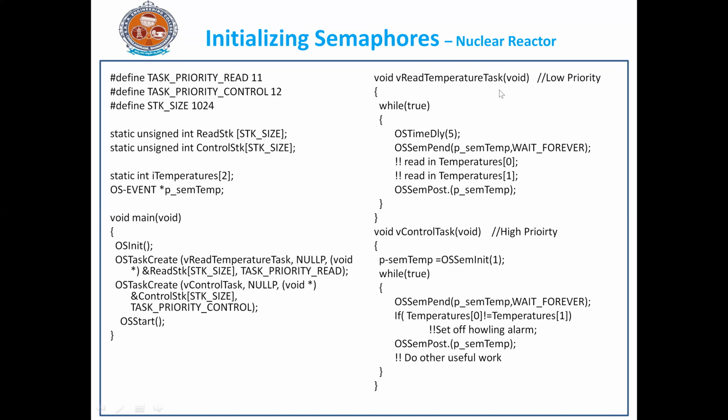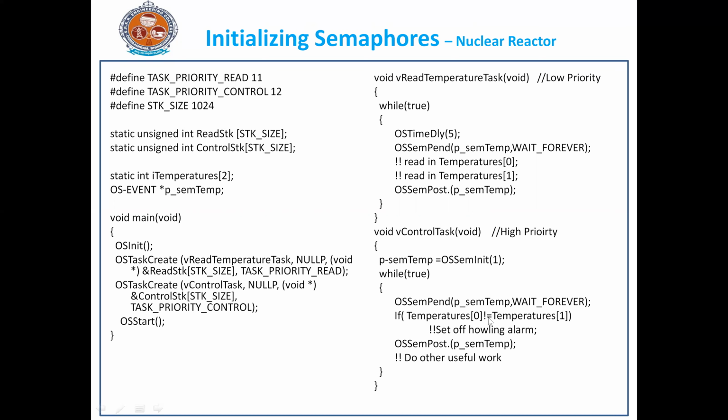The read temperatures task will measure the temperatures at two different points, and the V control task will check whether those two temperatures are equal or not each and every time. So it will be continuously monitoring whether these two temperatures are equal.